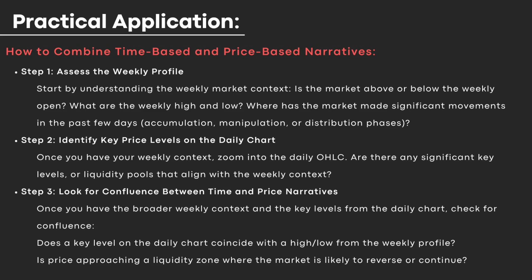And let's say the Asian session formed a ranging profile, meaning an Asian range has been formed. Now, based on that orientation, by marking out the standard deviations of the Asian range, we see a 4 hour key level that perfectly aligns with the standard deviation zones of 2 and 2.5 of the Asian range. So now, based on this time and price based narrative, we've come to the conclusion that we're not going to anticipate anything until price has a manipulation profile, right?